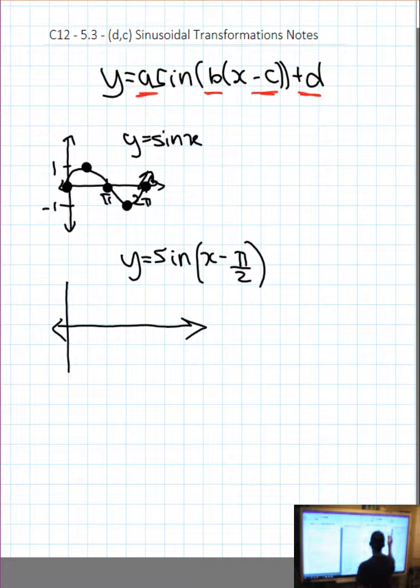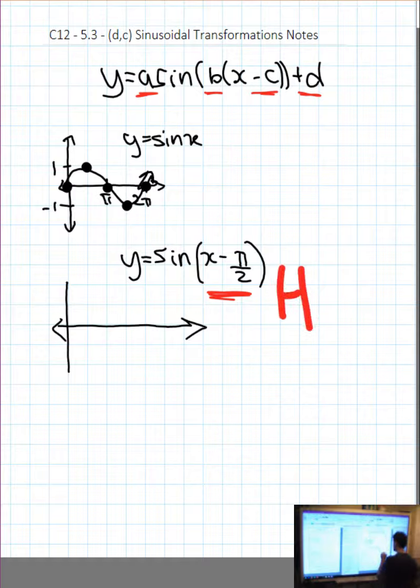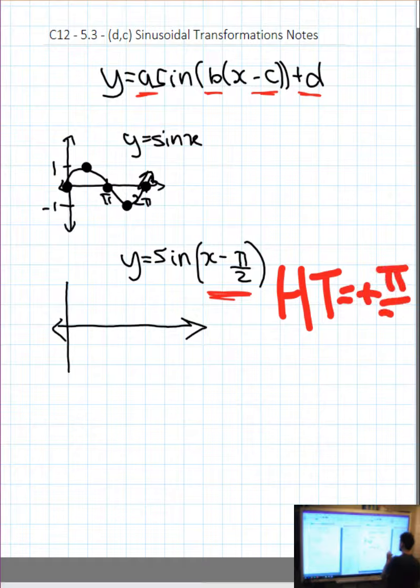Well, this negative pi over 2 is, in big red, a horizontal translation equaling positive to the right pi over 2, the opposite of what you see inside the brackets. So looking above, I can take each of these points and move them pi over 2 to the right.